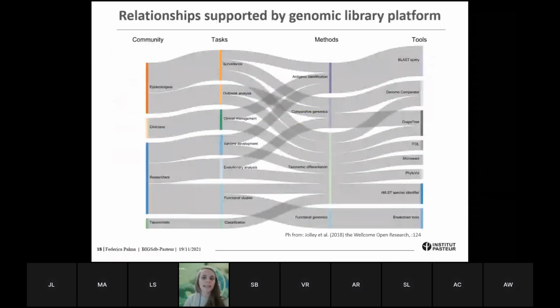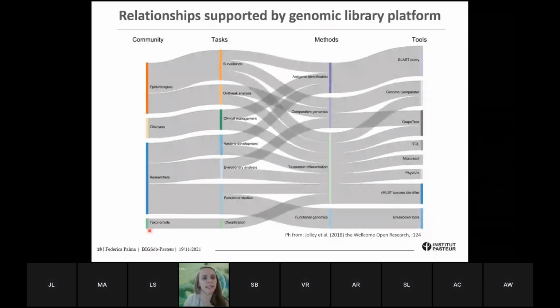So here I stole this illustration from this important paper from our developers at the University of Oxford, that I think really captured the variety of relationships which are supported by this kind of genomic library platform.